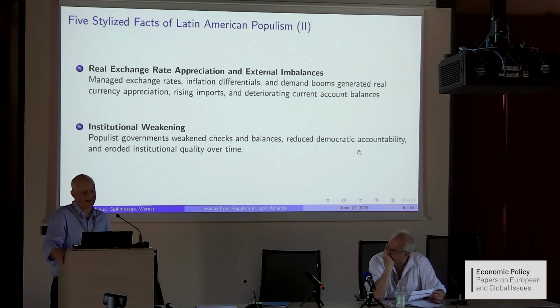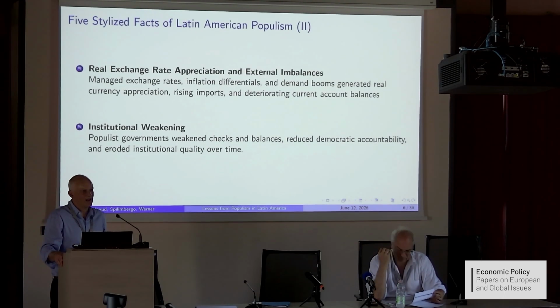Obviously, behind that, there was a very important process of real exchange rate appreciation. And I think something that we also test in the data, a very important process of democratic backsliding and institutional weakness.